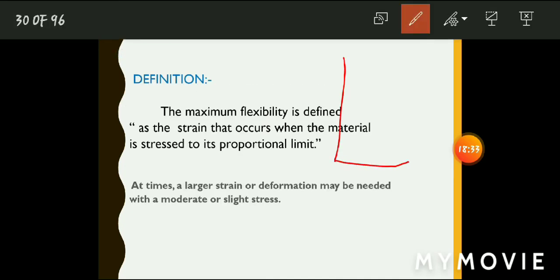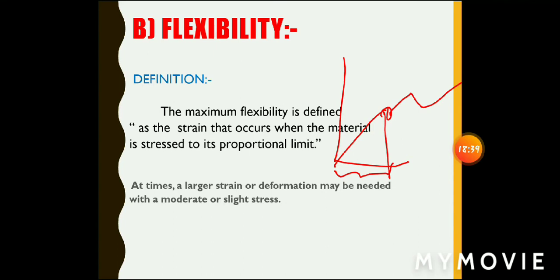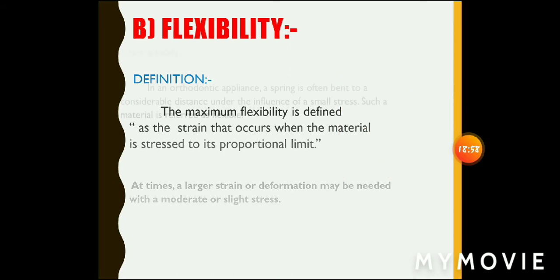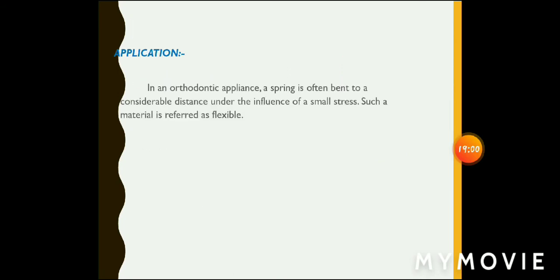If you take the stress strain graph up to the proportional limit, this strain portion of the graph is called the flexibility. That is, it is defined as the strain that occurs when a material is stressed to its proportional limit. It means if the material has more strain or deformation within the proportional limit, it is said to have more flexibility.